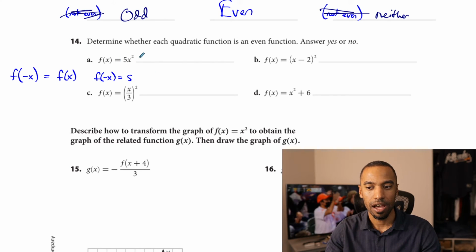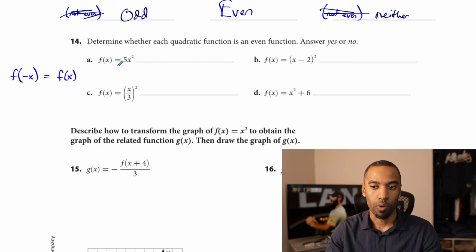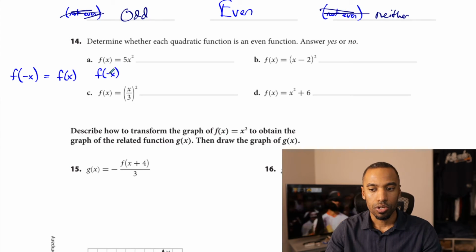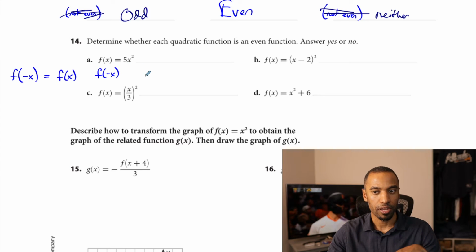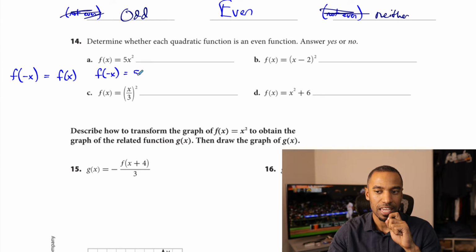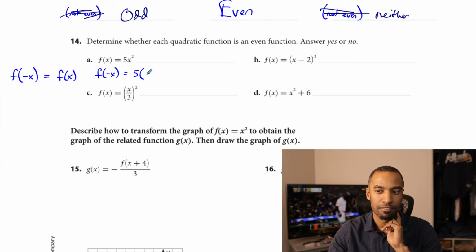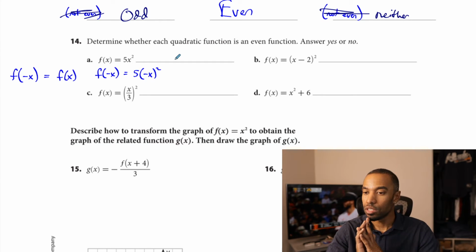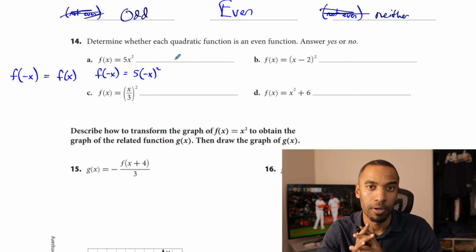Now, how can you tell we do that? What you do is you substitute negative x in for x. When you substitute something into here, you actually plug it in for x. So f of negative x means I'm going to substitute negative x into this right here: 5 times negative x quantity squared. Now, how would you know what this thing is? Well, you know what happens when you square a number?